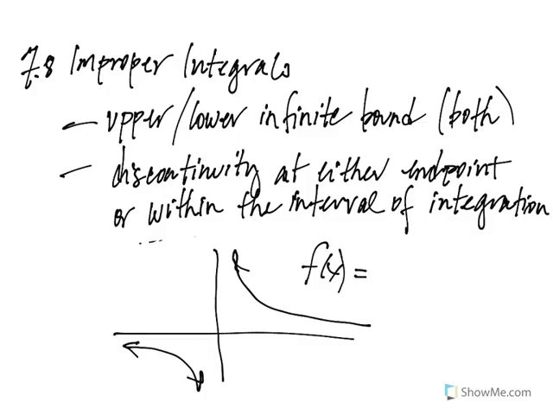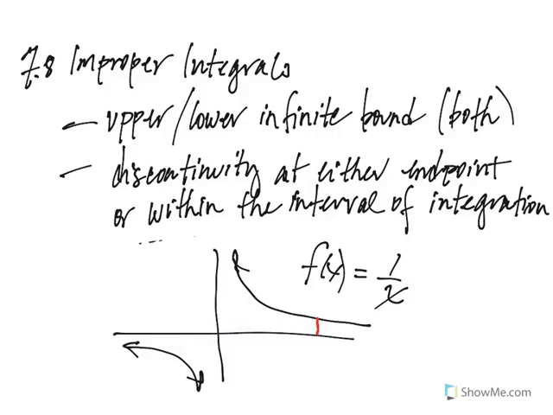We'll call it f of x. If I have an interval of integration that has a discontinuity at one endpoint, you might be looking at something like this where you integrate from 0 out to, say, 2. So in this case, you would have a discontinuity at the left-hand endpoint.